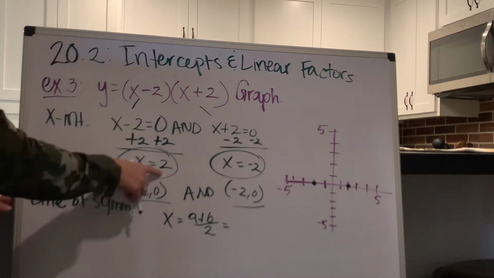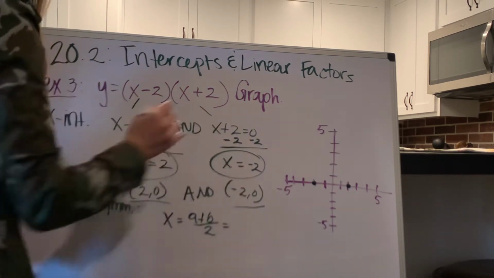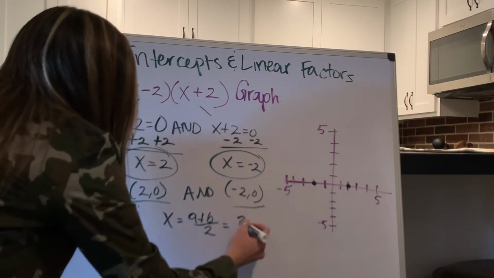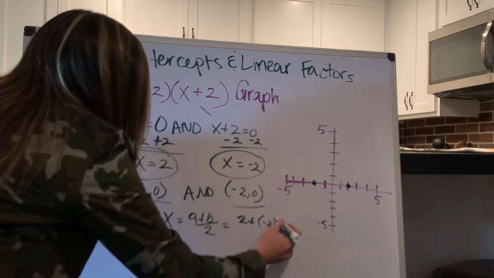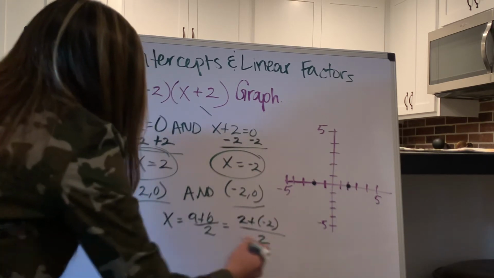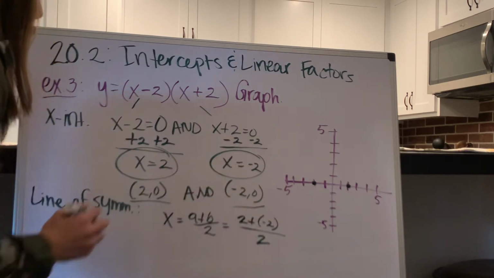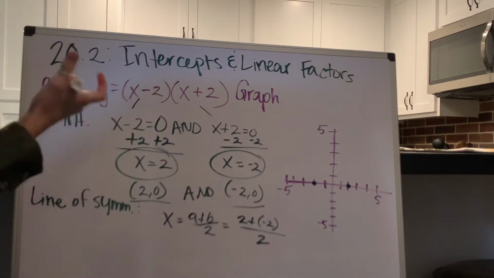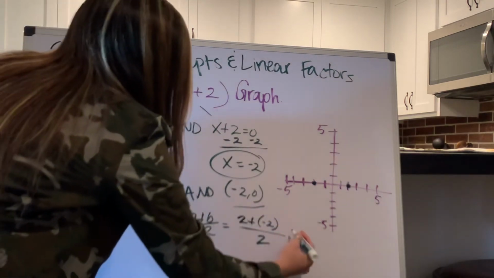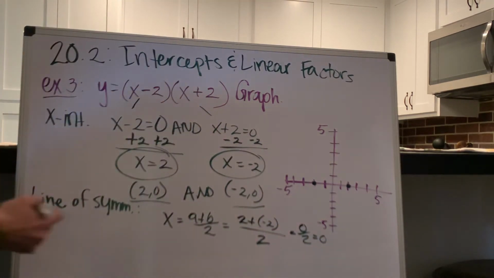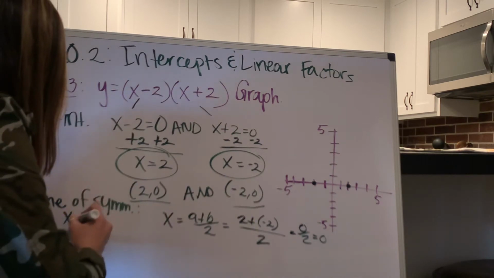So our a is 2, our b is negative 2, or we can flip-flop them. It doesn't really matter. We say 2 plus negative 2 divided by 2. The 2 came from here, the negative 2 came from here. We add them and find the middle point. So 2 plus negative 2 is 0, divided by 2, still 0. So our x value at the line of symmetry is 0.